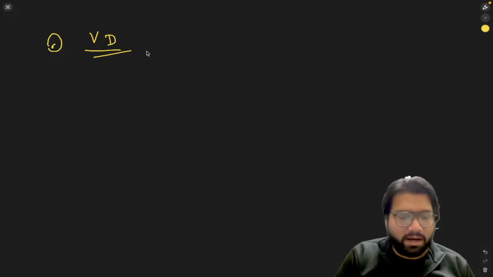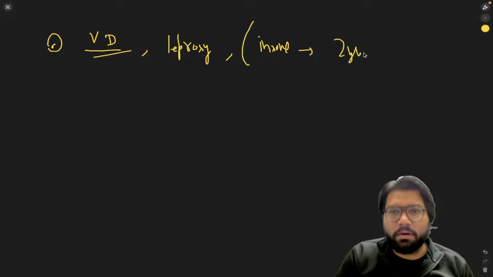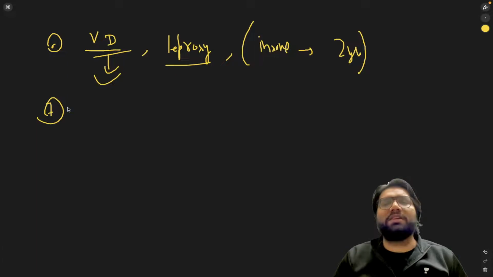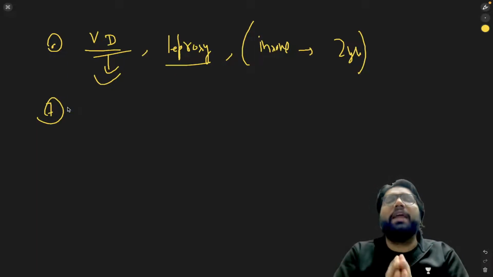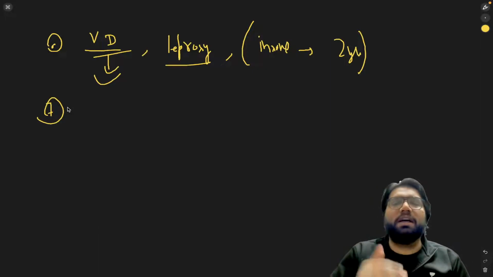So there are 3 grounds: leprosy, or insane for 2 years. The short point here in the 6th ground is, if the husband is suffering from any kind of disease, then the wife has all the grounds to take the divorce.